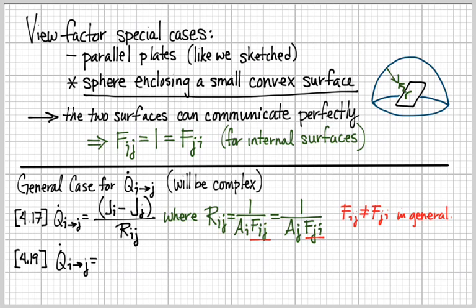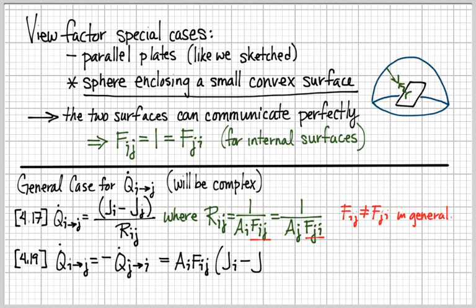Now, 4.19 describes that the heat transfer from i to j is the negative of j to i. Right? That's pretty basic. We can understand that, but we want to make sure that we're understanding that heat transfer is going to be a directionality thing.